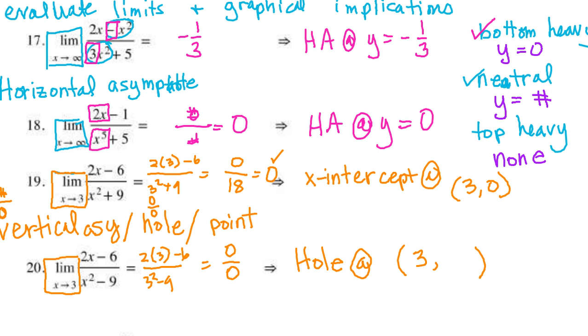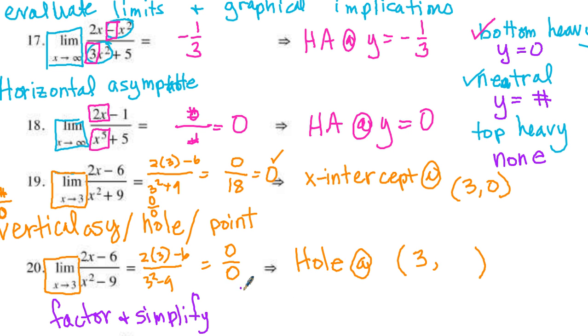So to do that, we're going to factor these things and cancel. Okay, so this is the algebraic process you would do if you come up with a 0 over 0 when you plug in the limit number.